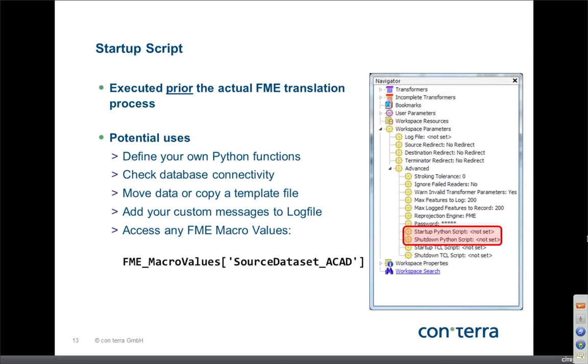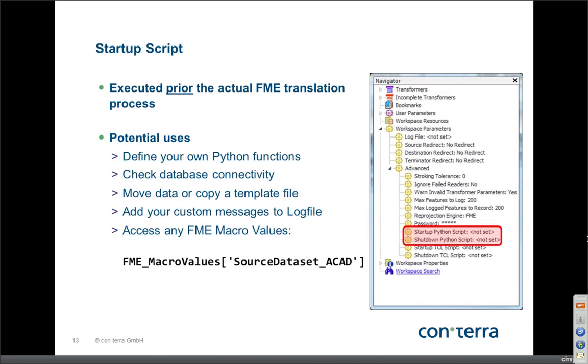For those who do not know the term, FME macro values are something like global parameters, which are accessible throughout the whole FME Workbench. For example, if you define a published parameter, it becomes a part of the FME macro values.